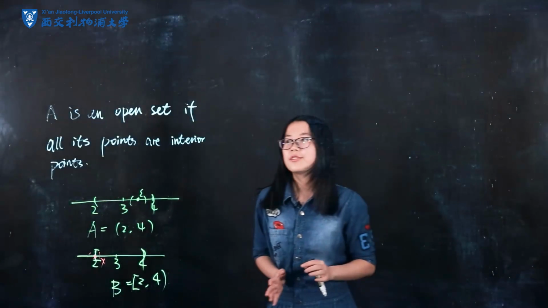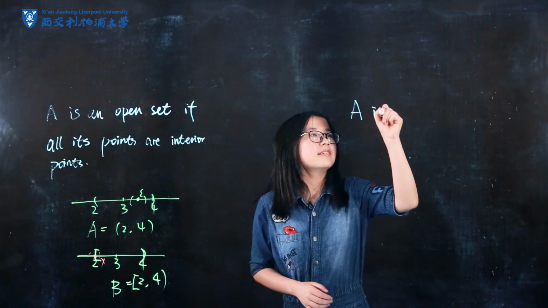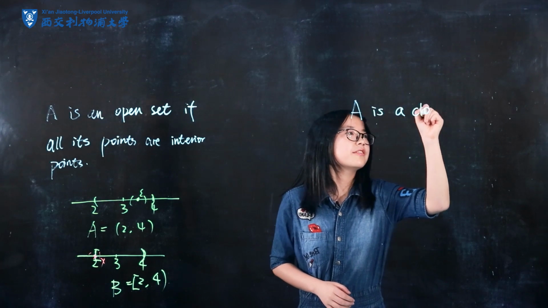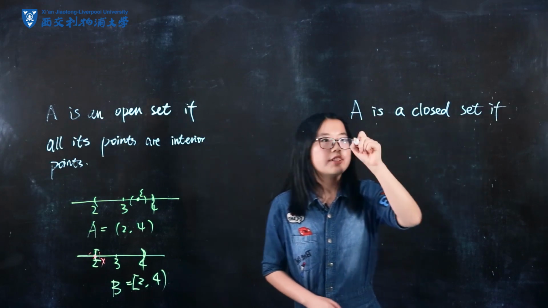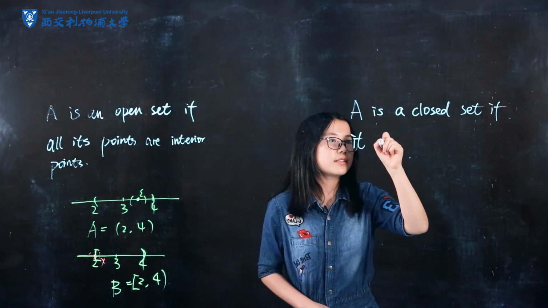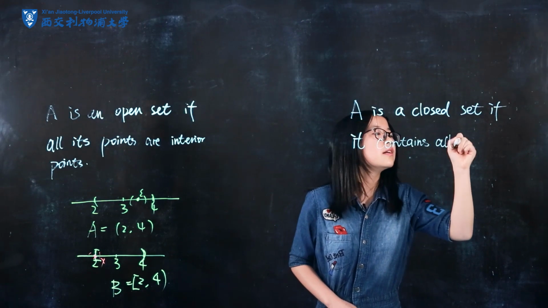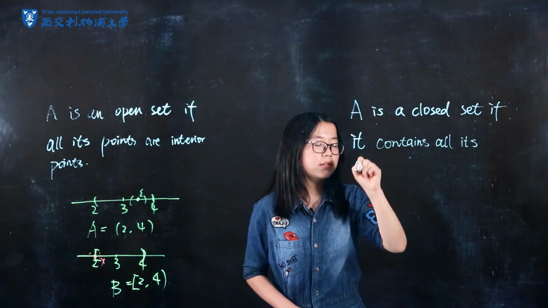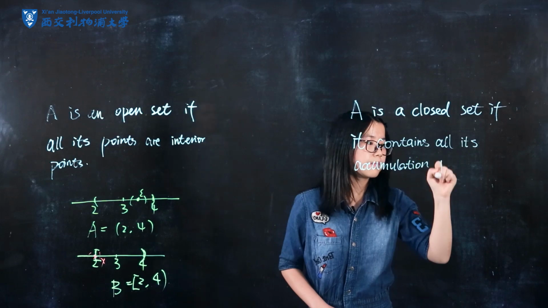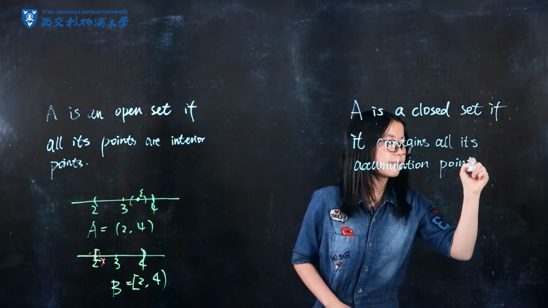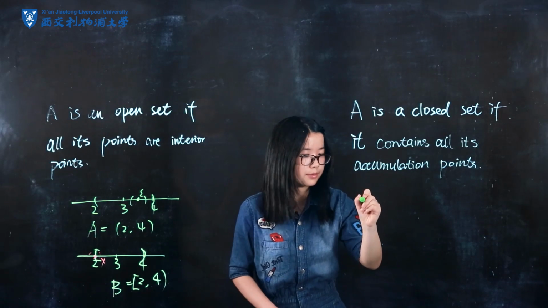Now let's move on to the closed set. We say A is a closed set if it contains all its accumulation points. Let us see some examples, like this one.